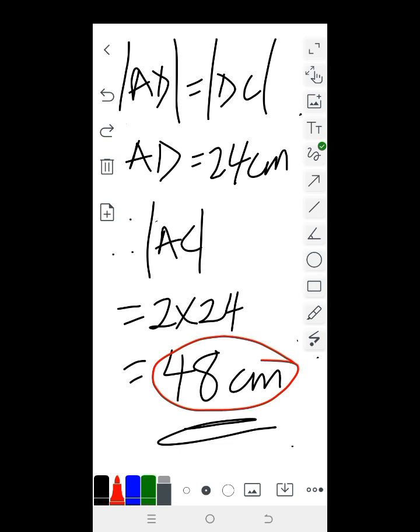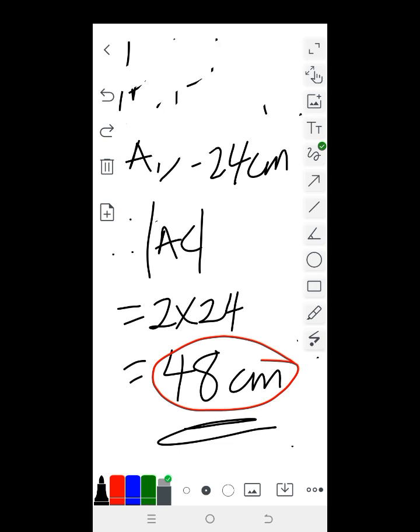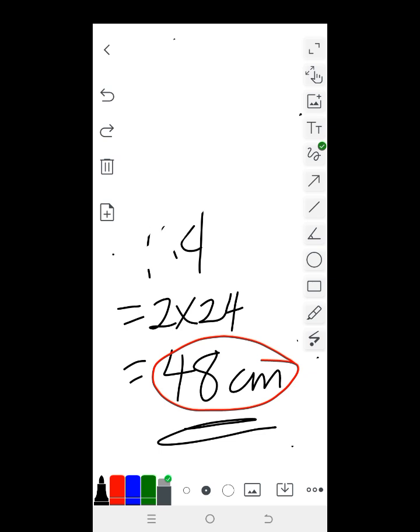The question asked us to calculate the length of the chord. The length of the chord is 48 centimeters. I hope you understand it. We multiplied 24, which is line AD, by 2, or you can add it up because line AD is equal to line DC.